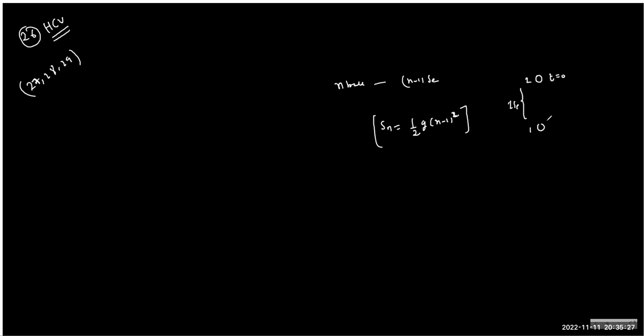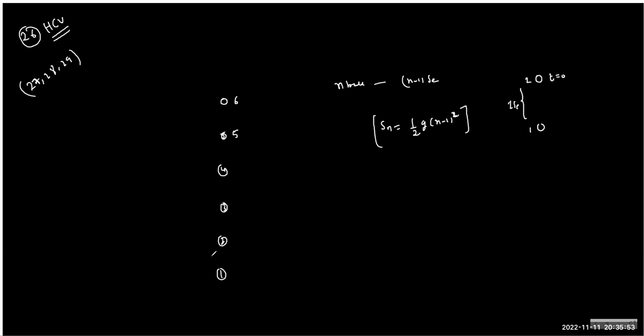Understood? Yes, sir. So when you drop the sixth ball, the sixth is here, so fifth will be here, fourth, third, second, first. You can think this way.